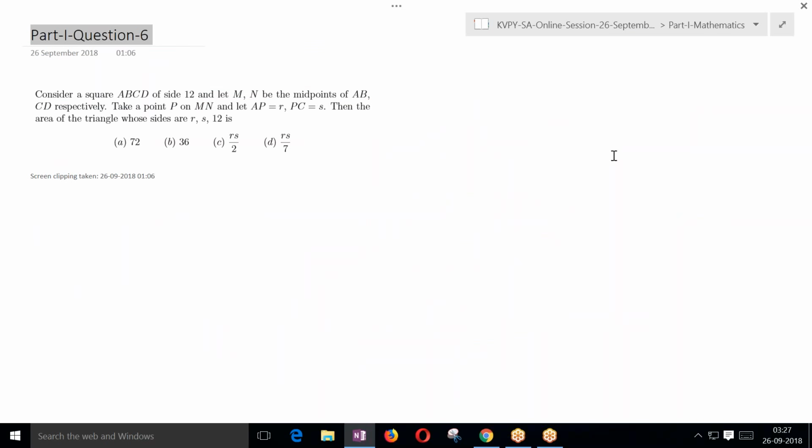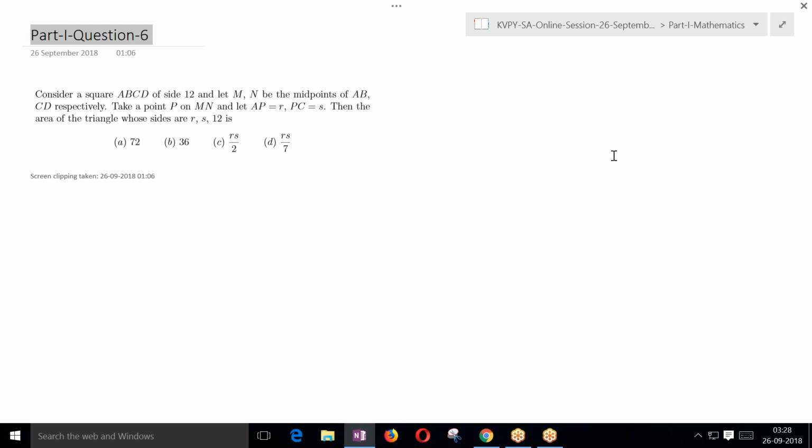Okay, so according to the next question, consider a square ABCD of side 12 and let M and N be the midpoints of AB and CD respectively.